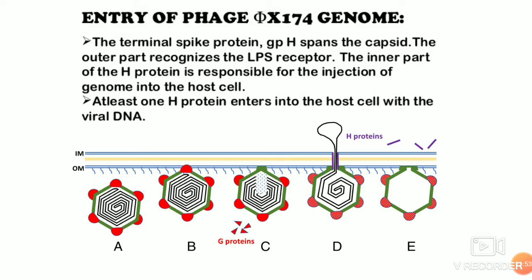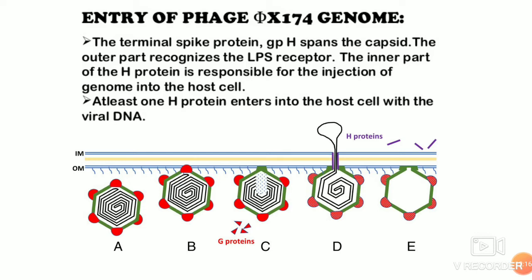When there is interaction of this F protein, that is the green one, there is conformational change in the F protein and the H protein. H is that purple color protein. The F and the H cooperate in translocating the genome across the cell wall of the host.